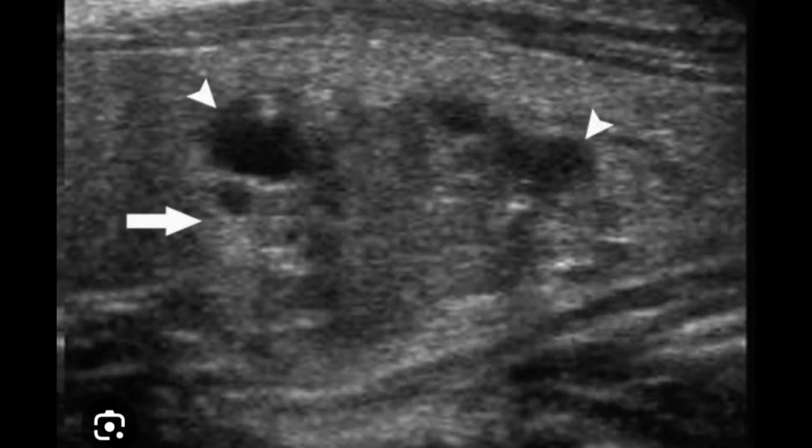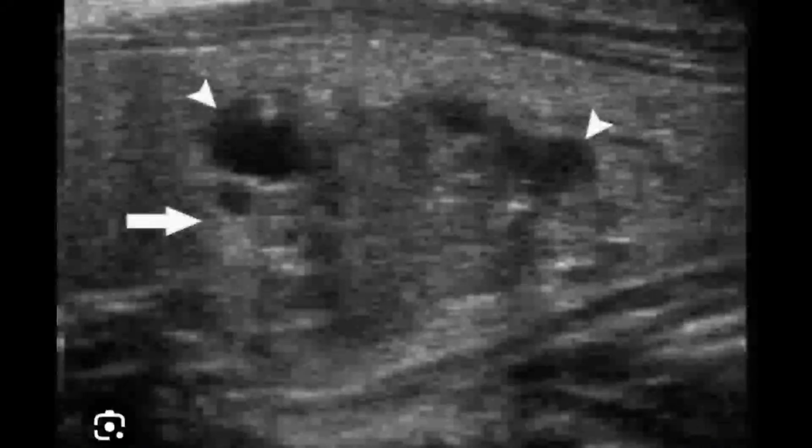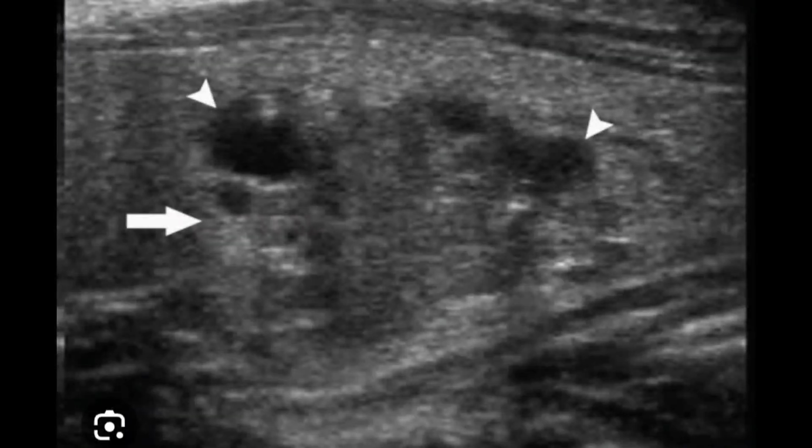Here you can see clearly that the surrounding lobe parenchyma is hyperechoic, while the nodule is hypoechoic. So this is one criterion, and another is the margins. You can easily appreciate that they are lobulated, irregular margins. These irregular margins make it a suspicious nodule, which would be a U4 nodule. So this is a classical U4 nodule.